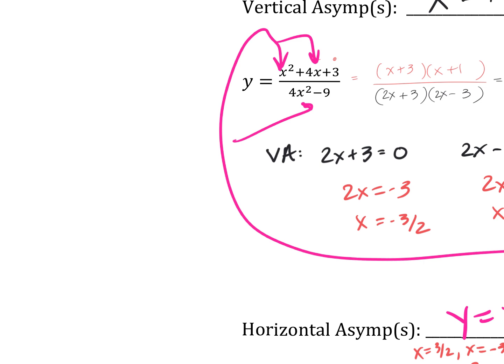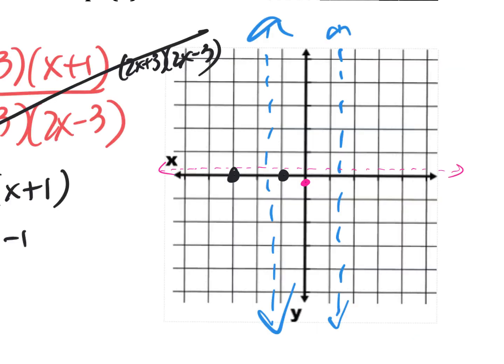So we're going to graph this with our calculator to see what we got. I'm going to graph my original, which was x squared plus 4x plus 3 over 4x squared minus 9. And when I graph that, your graphing calculator now shows you what it looks like. What we've got here is the blueprint we need to follow when we put that graph on here.